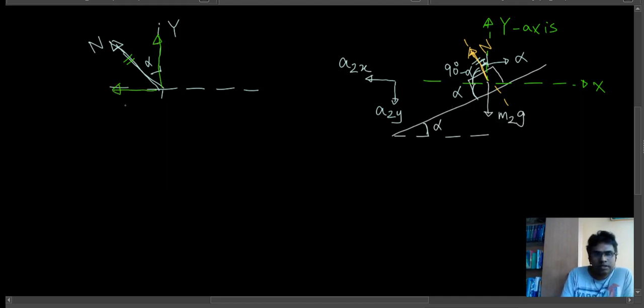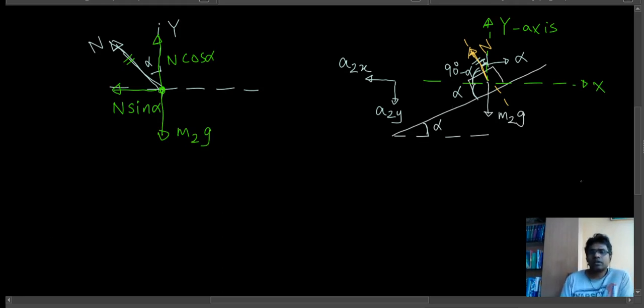The components clearly will be: along the x-axis you have n sine alpha in the negative x direction, and in the positive y direction you will have n cos alpha. And then on the bar, in addition to the normal force, you also have the gravitational force acting in the downward direction.